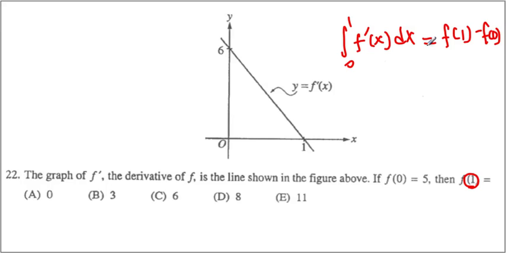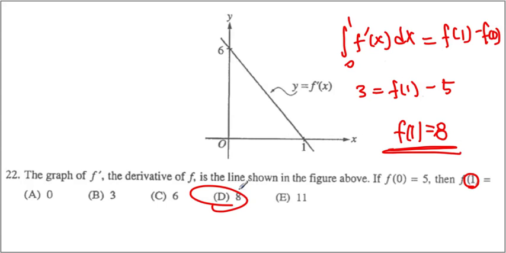Now this is simply the area of the triangle, which means 1 by 6 divided by 2, which is equal to 3. F of 1 is what we're trying to figure out. Minus f of 0 is equal to 5. Then by adding 5, we realize f of 1 must be equal to 8. And that becomes our answer.